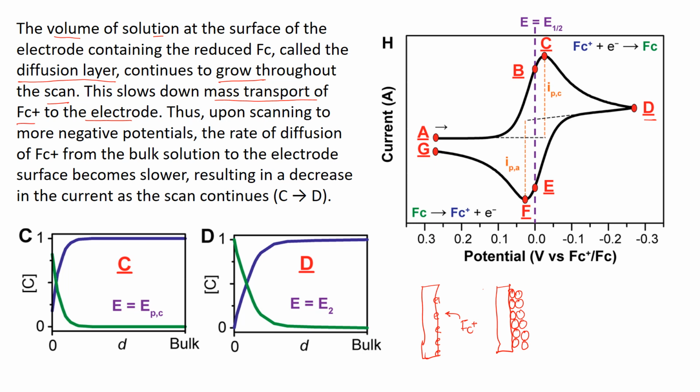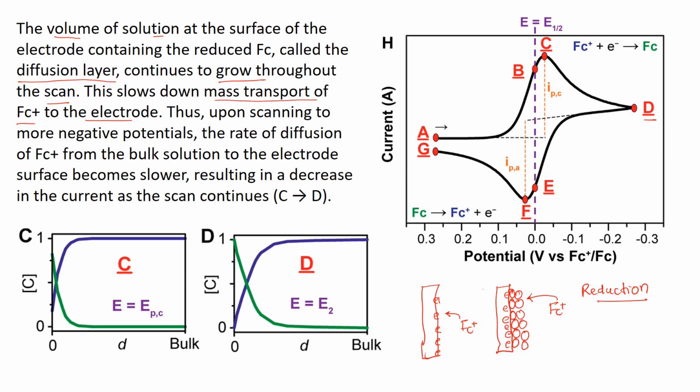Furthermore, when more electrons are attached on the surface, further Fc plus cannot go and get attached. It hinders the further reduction, that means there is a reduction in redox reaction. I mean reduction in reduction.